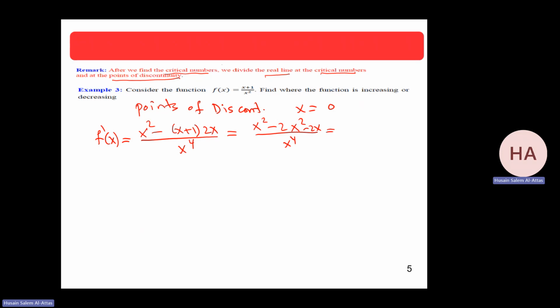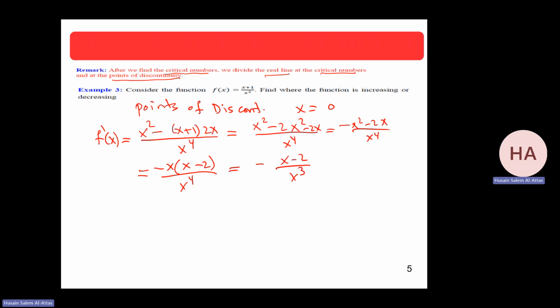In other words, minus x squared minus 2x over x to the power 4. I can take minus x as a common factor. I have x minus 2, correct? Over x to the power 4. In other words, it will be minus x minus 2 over x cubed.